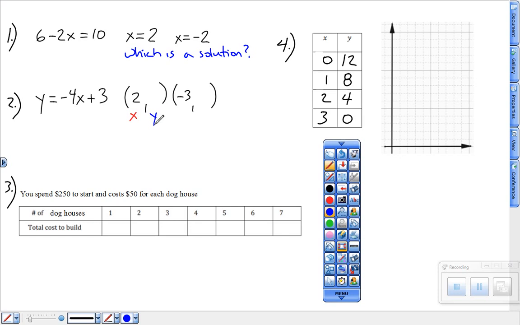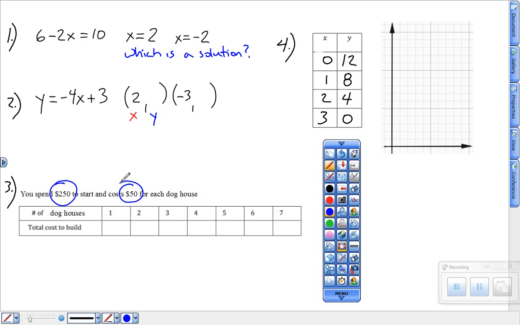And then for this next one, I'd like you to say that you're starting with $250. That's how much you have to pay right away. And then you're paying $50 for each doghouse. So I want to know, after 1 doghouse, the total cost you spent. After 2 doghouses, the total cost you spent.